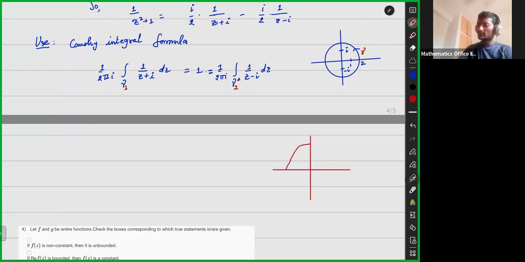So we have a big circle of radius 2, which is gamma.